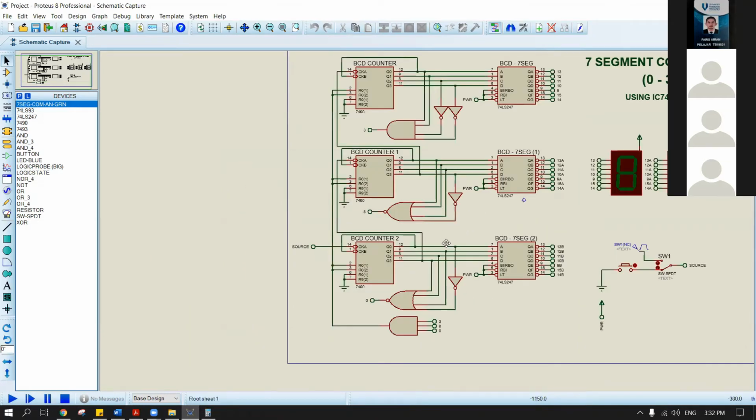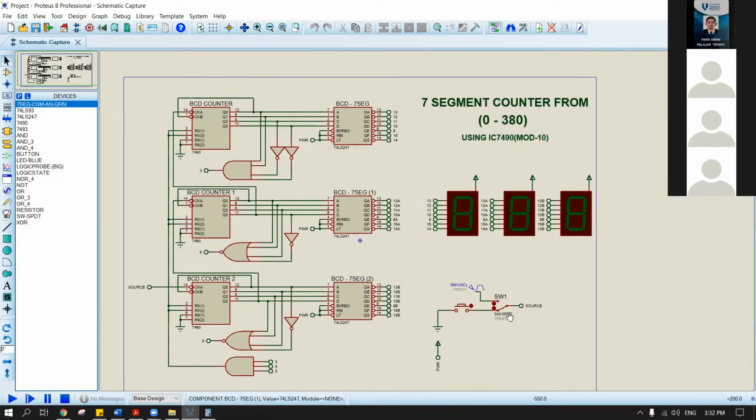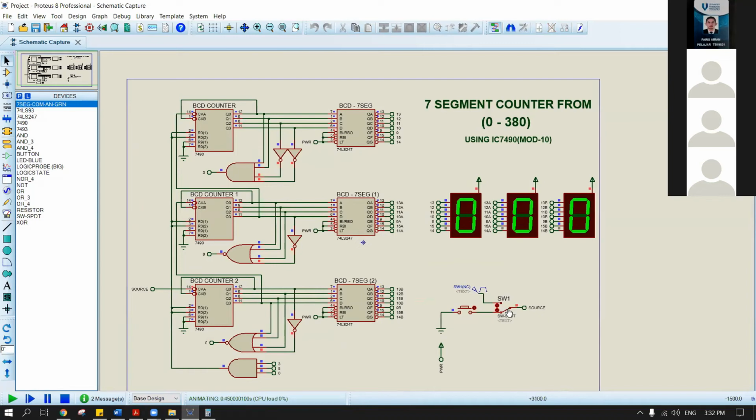I think you guys can see it clearly. First and foremost, I use this because this has 2 sources. First, we can use manual, and second, we can use auto.